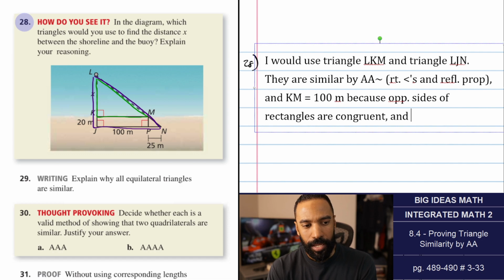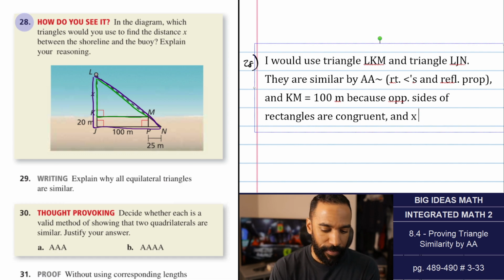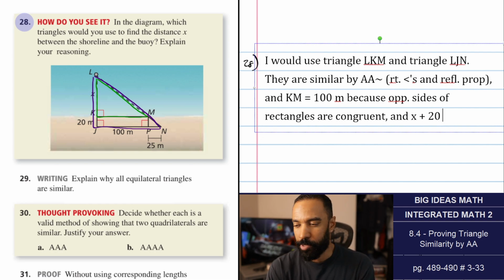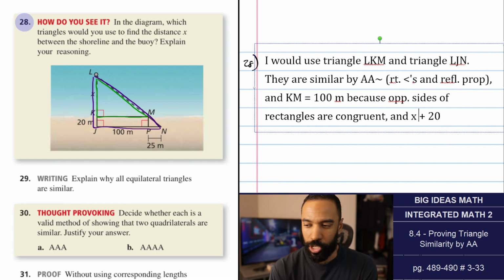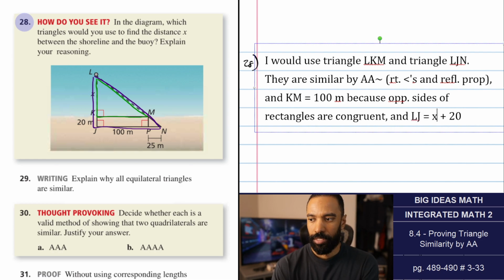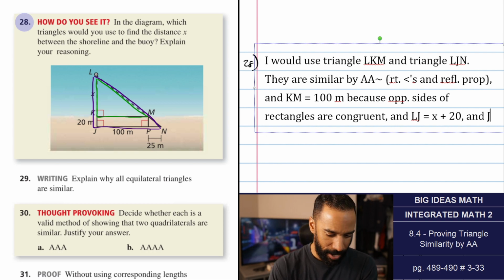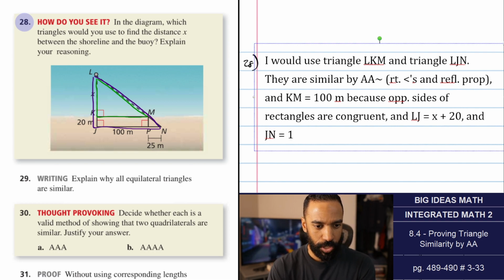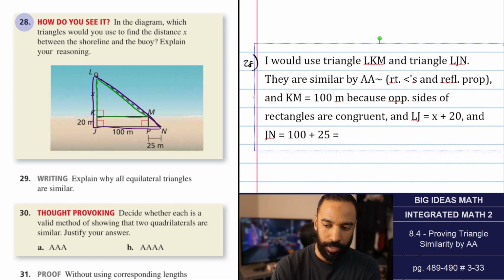Now, they didn't ask us to find this length, but I will find it for you. LJ is x plus 20, and JN is 100 plus 25, which is 125.